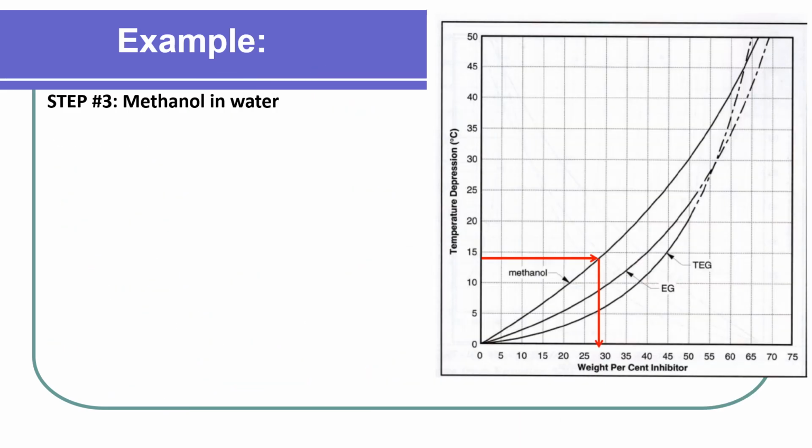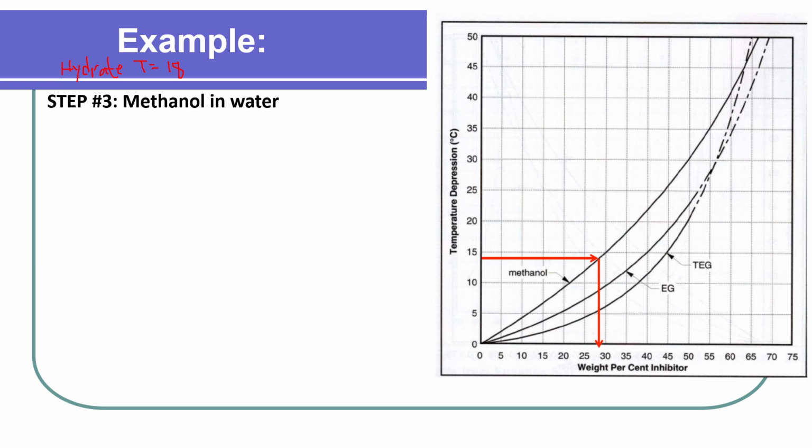Now we're going to continue the question and go to step 3, where we calculate how much methanol is in the water. Keep in mind that it's given in the question that the hydrate formation temperature will be around 18 degrees Celsius.